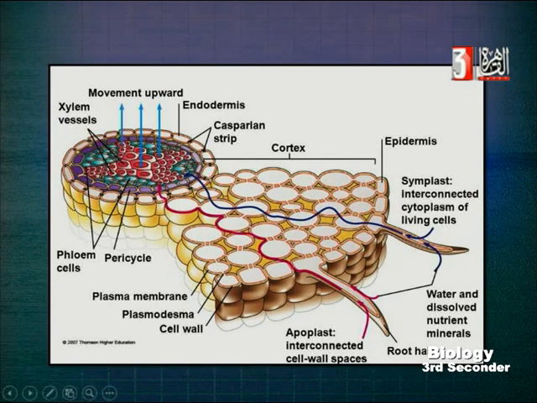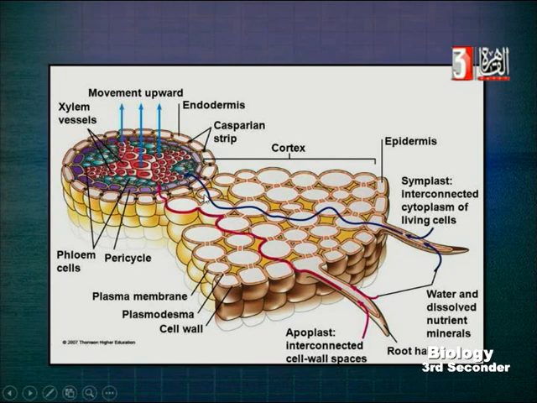But the root has lignin inside the xylem vessels or xylem tissue. Look here at the endodermis layer surrounding the vascular bundle in the root. It has the Casparian strip, which surrounds some parts of the endodermis.